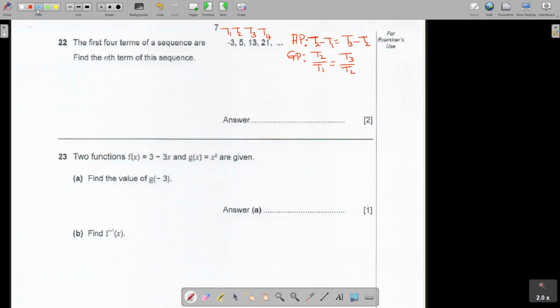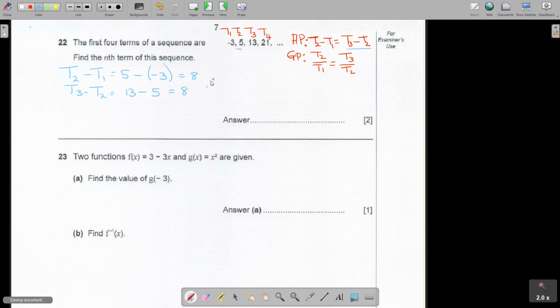Is this an AP? So let's start by saying T2 minus T1. So there's T2, so it's 5. Please remember to put your bracket. And that's 5 plus 3, which is 8. Then T3 minus T2. And that is going to be 13 minus 5, and that's going to be 8.